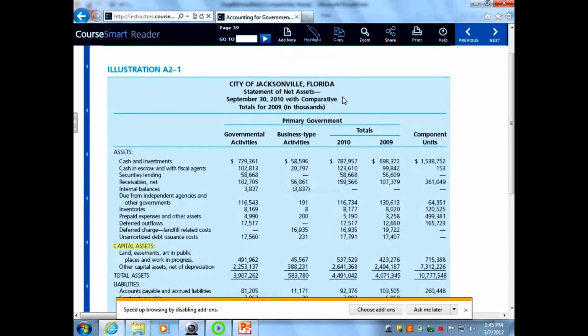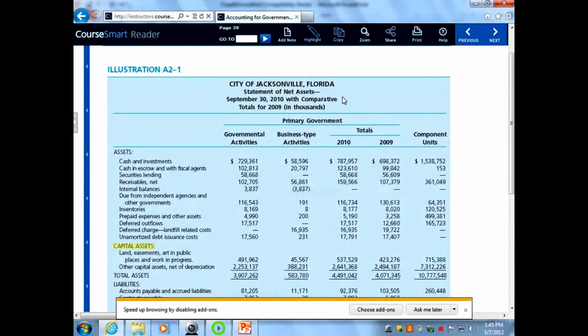Component units are organizations which are owned by New Jersey, for instance, but which are independent, such as the New Jersey Sports Complex, such as the New Jersey Turnpike, such as the North Jersey Water Authority. These are major agencies, Atlantic City Casino and Redevelopment Authority.